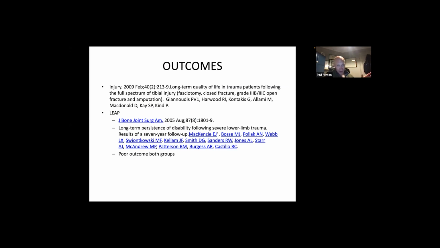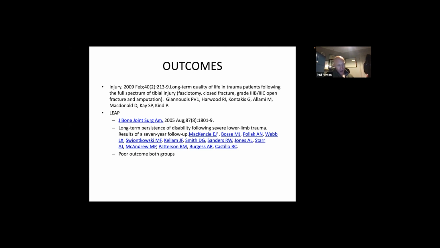These aren't patients who've had complications. These are patients who've had either amputation or successful limb salvage, but the majority of them have persistent disability. Many have long-term pain problems, and I think about 47% is what they quoted as having returned to their previous occupation.